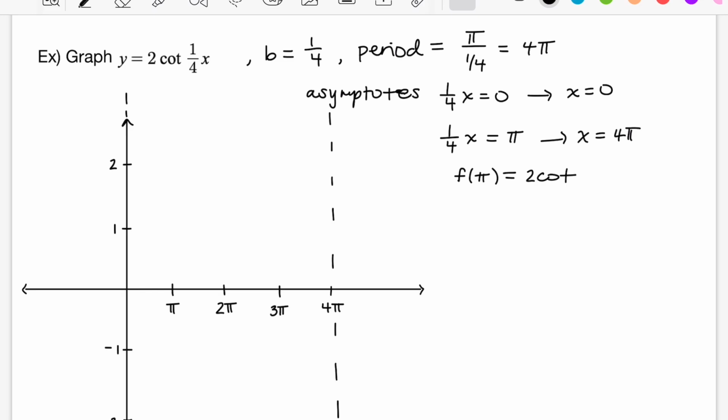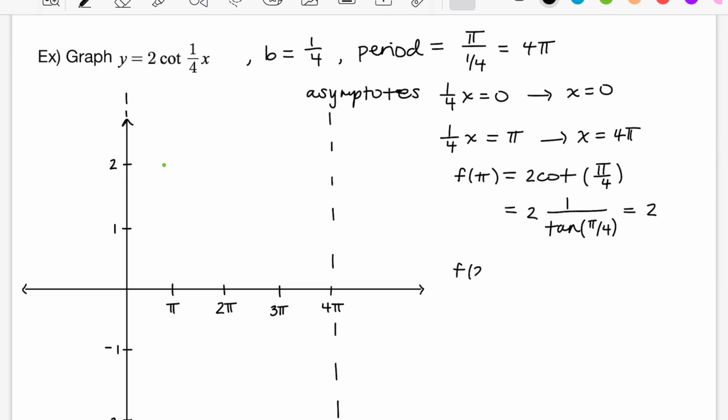So we'll get 2 cotangent of pi over 4 when x is equal to pi. This is the same as 2 times 1 over tangent of pi over 4. We know that tangent of pi over 4 is just going to be 1, so this will be 2 here. So when x is equal to pi, we have 2 there.